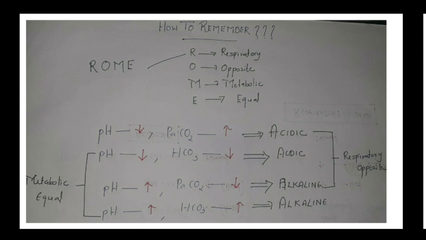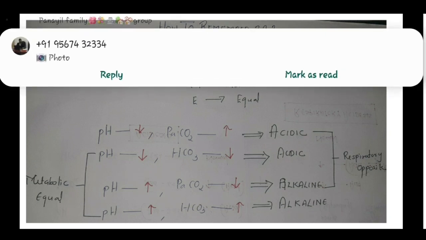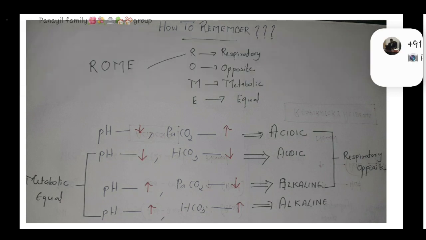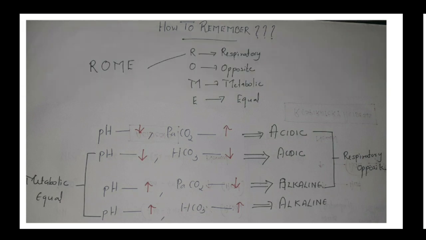If pH is less and PCO2 is more, it is acidic.